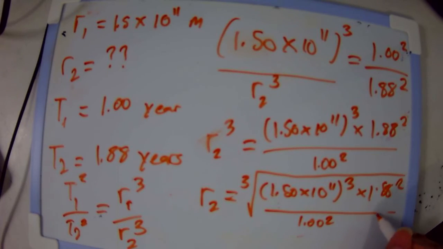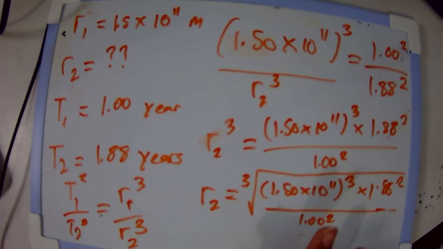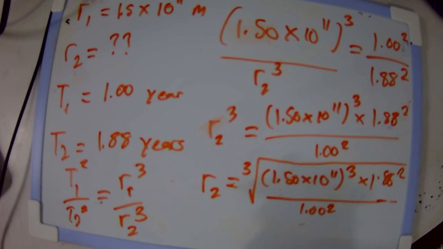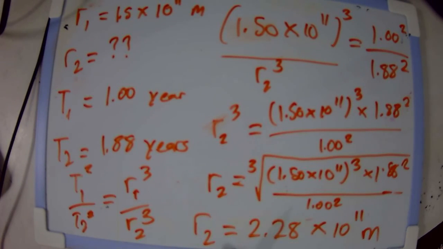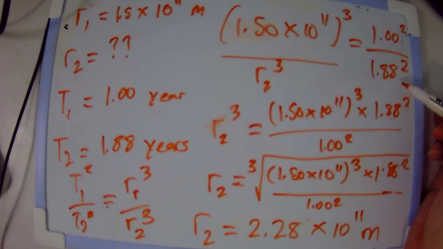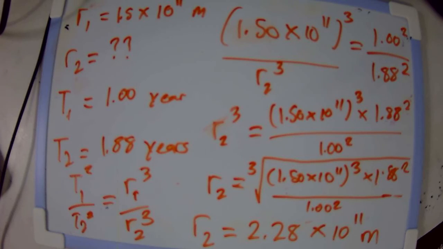Now, if you're calculating this at home, you may choose to do it step by step instead. And so your final answer comes out to R2 equals 2.28 times 10 to the power of 11 meters. So the radius of Mars's orbit is further away, and because of that it also takes a longer time to go around the sun. All right, so that is how we use that formula.